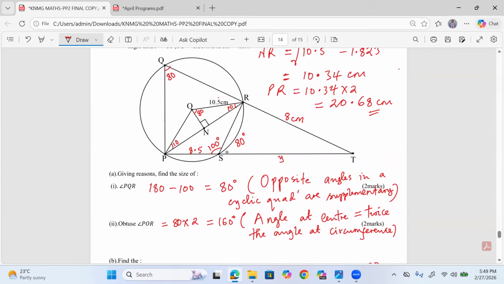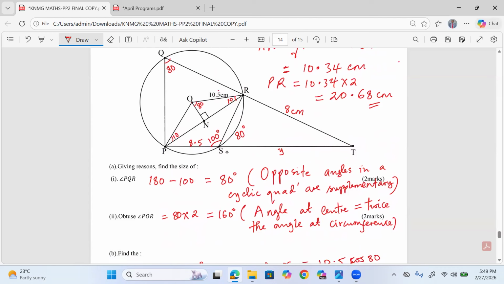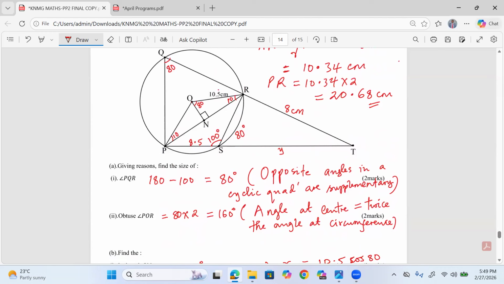So now here, we need to apply, when we take 20.68 and we divide by the sine of 80, the sine of 80 is the opposite length.